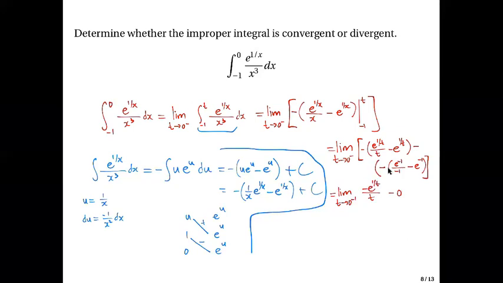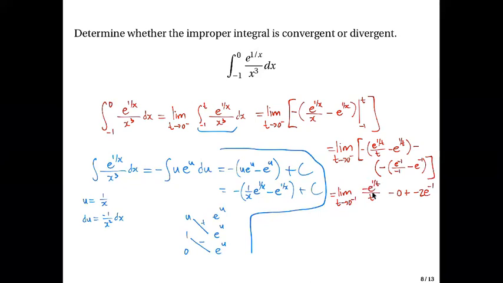So minus minus becomes plus. But you have here negative e raised to negative 1 minus e raised to negative 1. So this is just negative 2 e raised to negative 1.